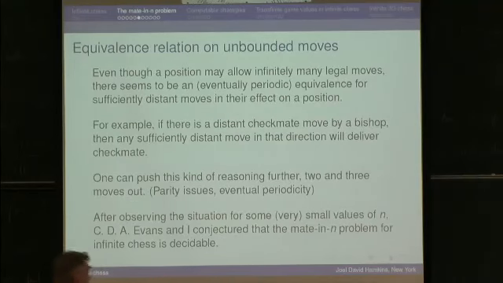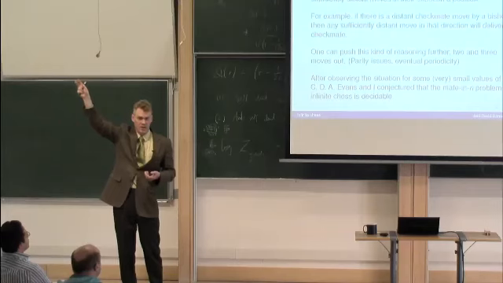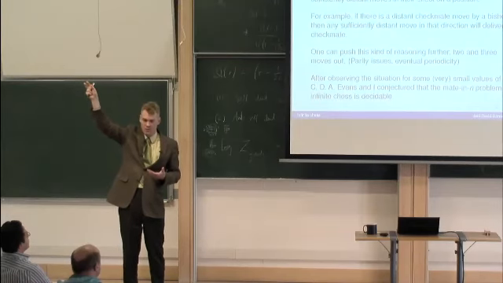Okay. Now, even though a position might allow infinitely many legal moves, it seems, if you think about it, that there seems to be a kind of equivalence for sufficiently distant moves. And you can get an idea about that. For example, if you have a finite position and it happens that there's a bishop move that makes checkmate, because maybe it's moving out of the way or something, or maybe it's protecting another piece, then if it was a distant move that delivered checkmate by a bishop, then any sufficiently distant move by that bishop in the same direction will deliver checkmate.